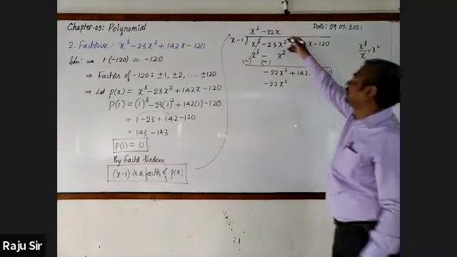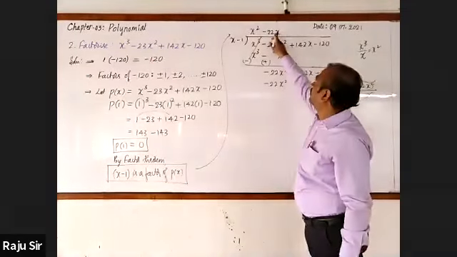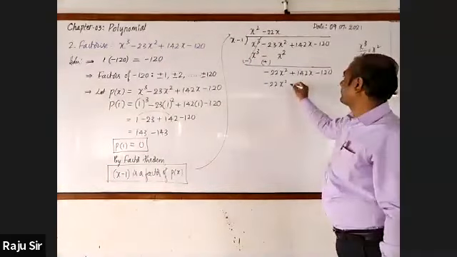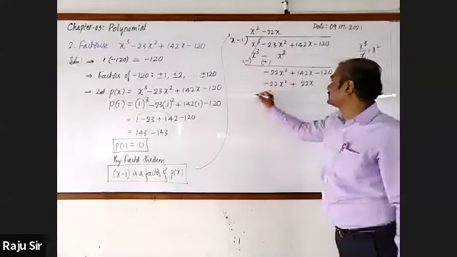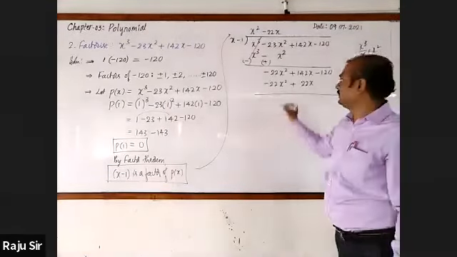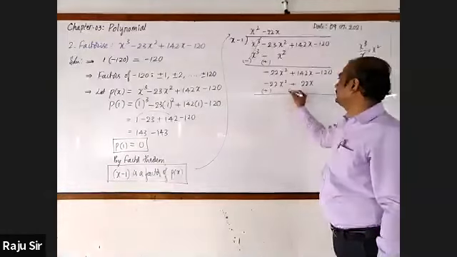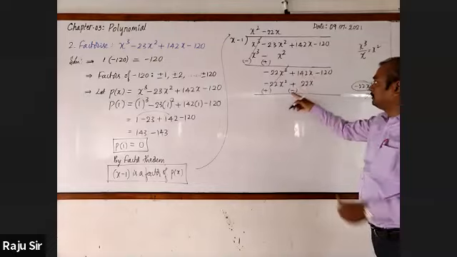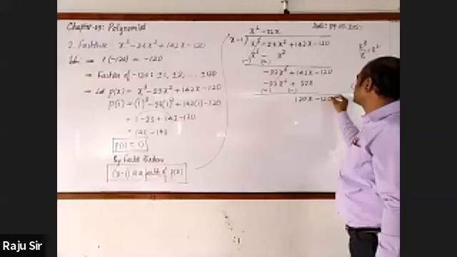Minus 22x has been written in the quotient. Minus 22x into minus 1 is plus 22x. Now you change the sign. This is plus and this is minus. The first term gets cancelled. 142x minus 22x is 120x, then minus 120.